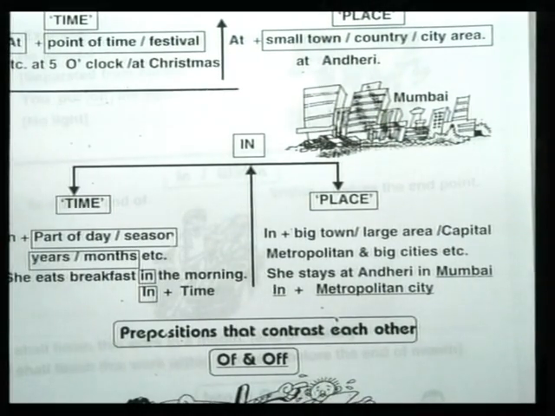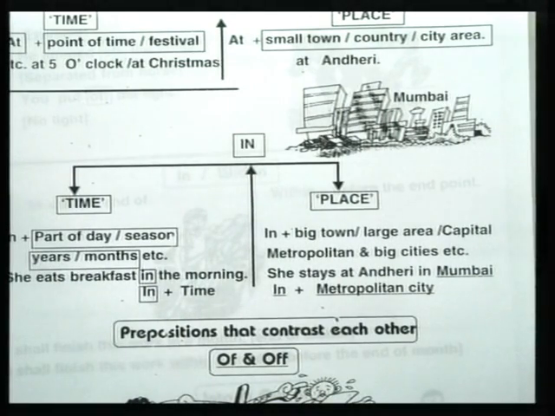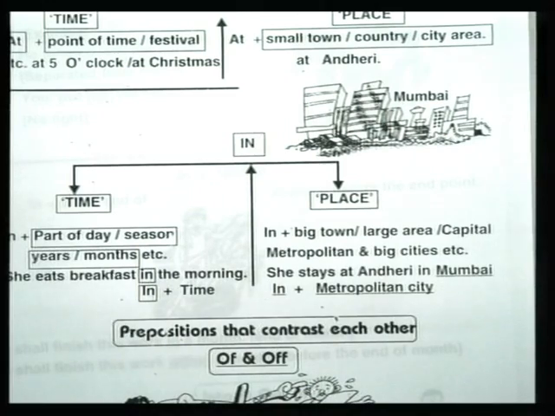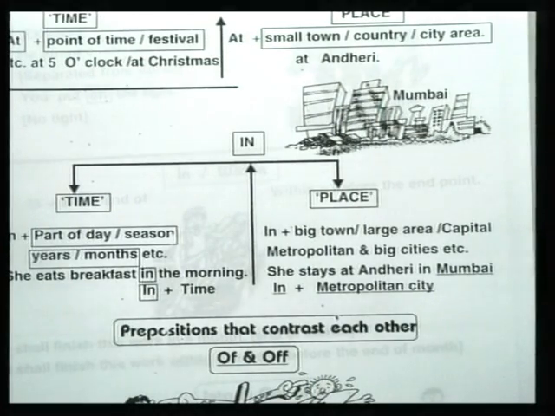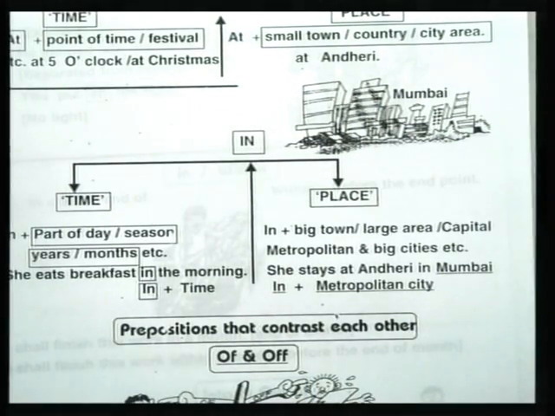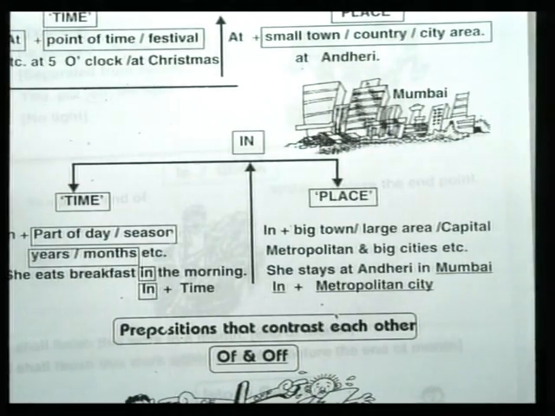Now in also shows you the part of the day. So she eats breakfast in the morning. I study in school in the morning. Now for place, in is used with a big town or large area or capital, with metropolitan and big cities.